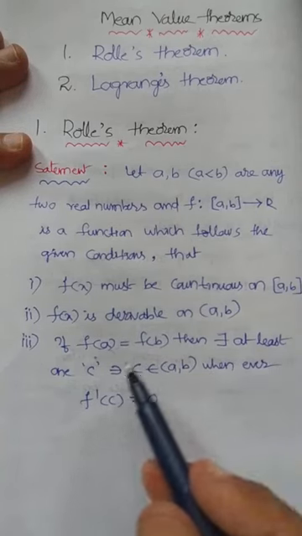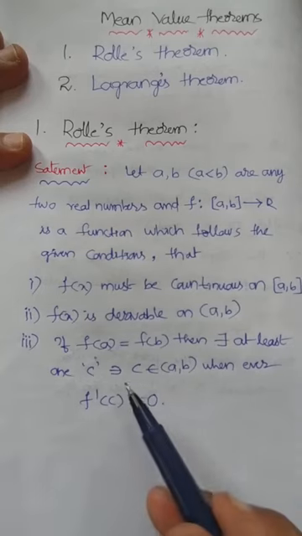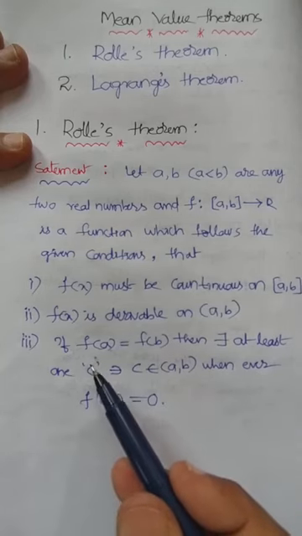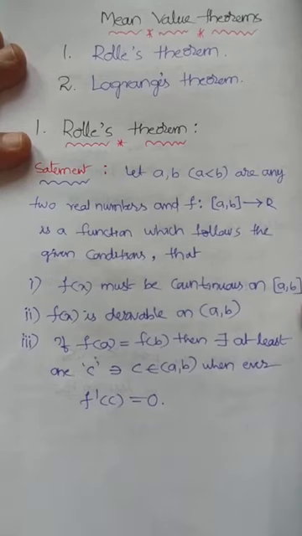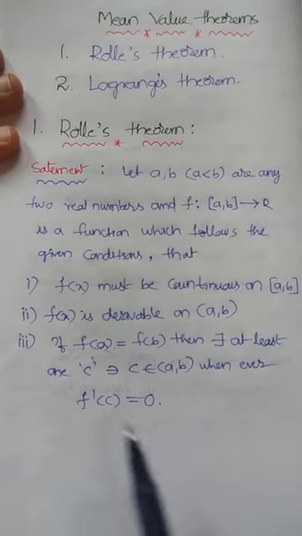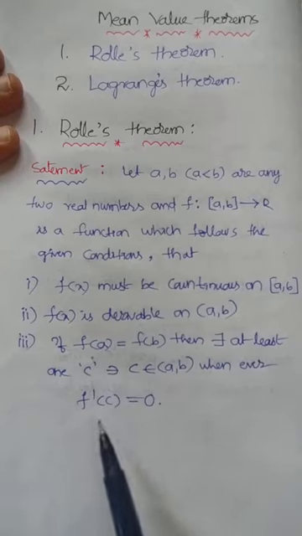So the third condition is very important. Here we have some steps to follow for this third condition. Whenever we want to verify Rolle's theorem, the third condition plays the key role.